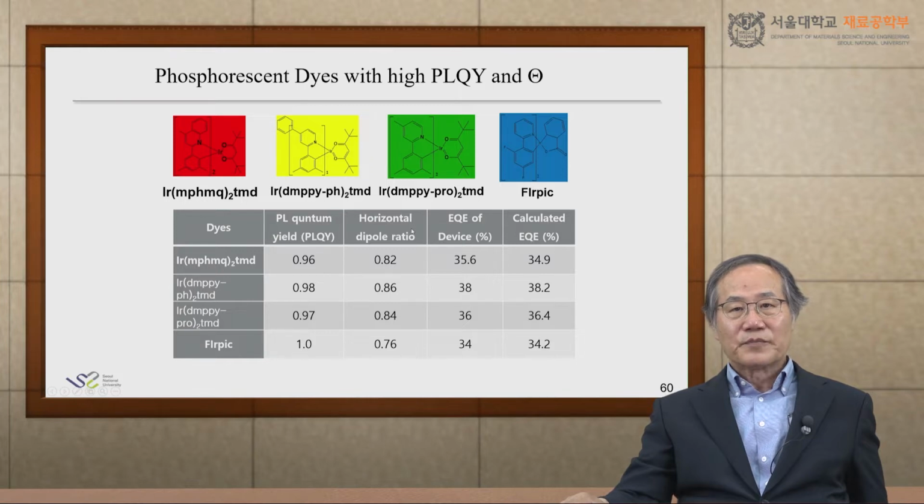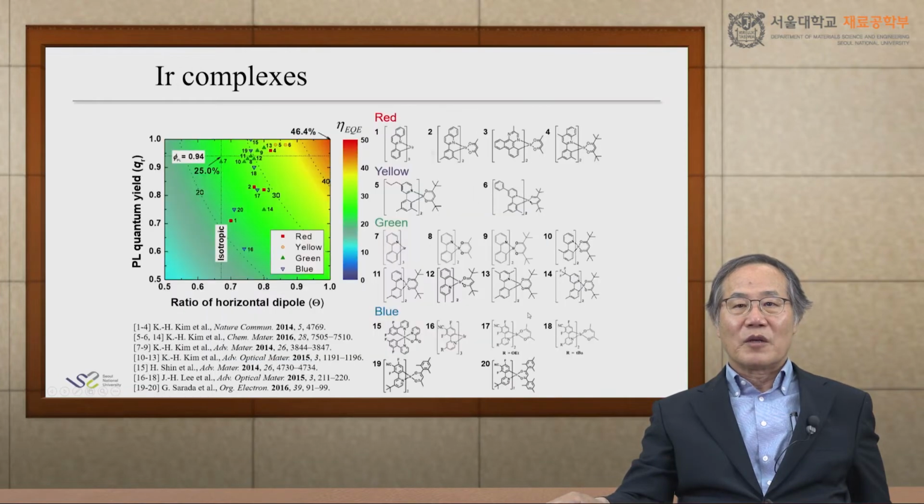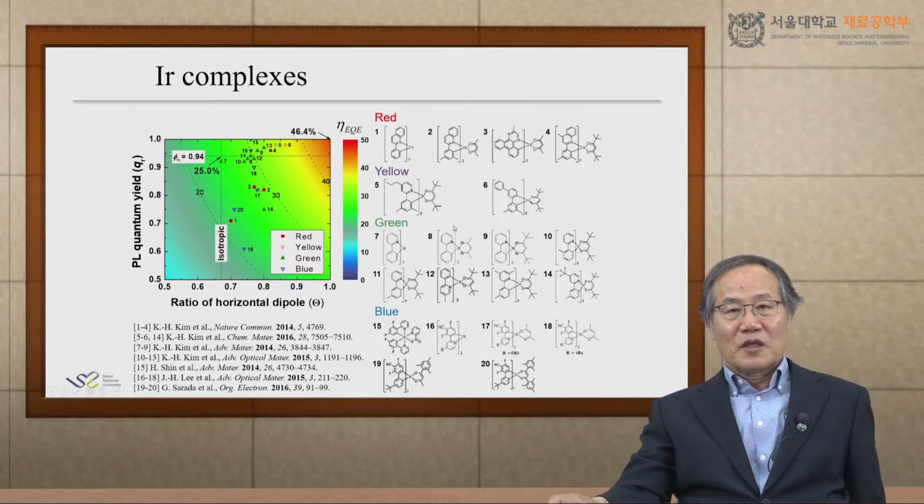about 10 years. And then we synthesized in collaboration with one professor in the university, and you can find that the horizontal dipole ratio can be increased to 86% with high PLQY to get the calculated EQE of 38%. Now we actually tested a whole bunch of iridium complexes and found that our calculation scheme is quite good, so the theoretical prediction seems to be quite good.